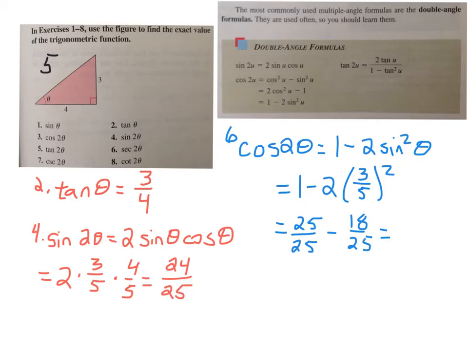And so then that would be 7 over 25. But we're not asked to find cosine of 2 theta, we're asked to find secant of 2 theta. So then secant of 2 theta in this case is 25 over 7.